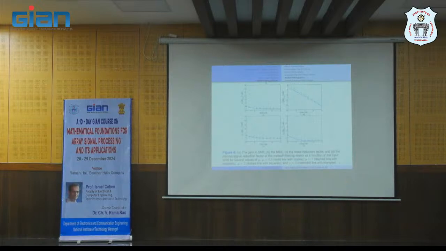The minimal MSE is obtained when mu equals 1, because mu equals 1 minimizes the total mean squared error. That's why the green line obtains the minimal MSE. Any questions?